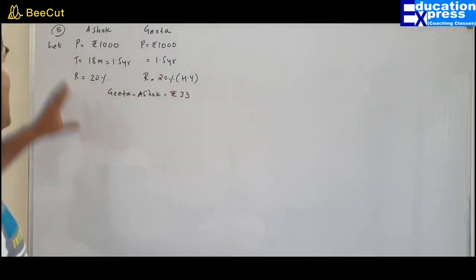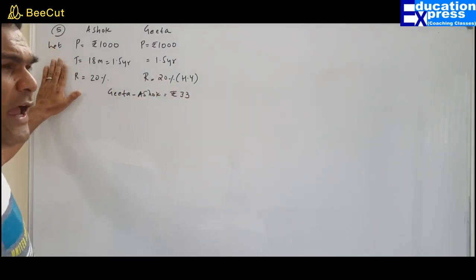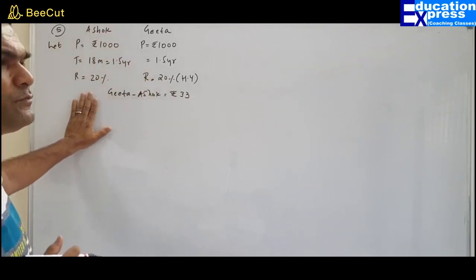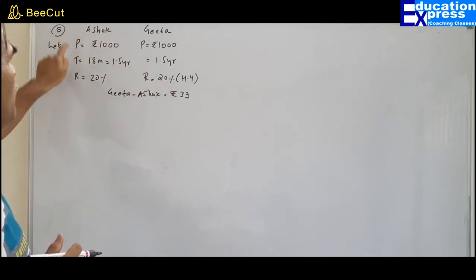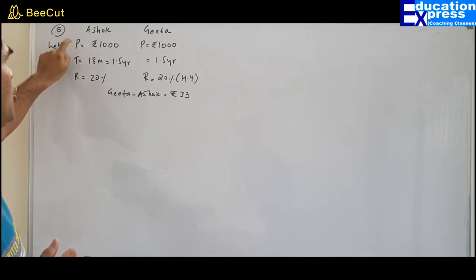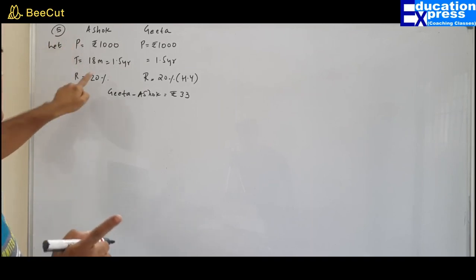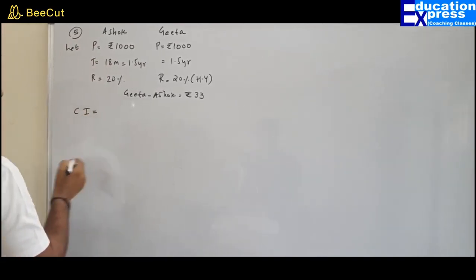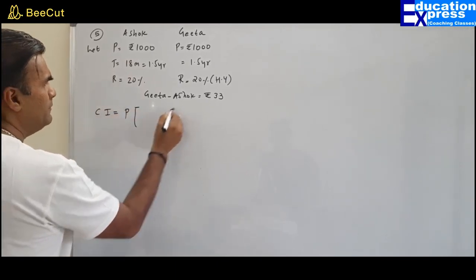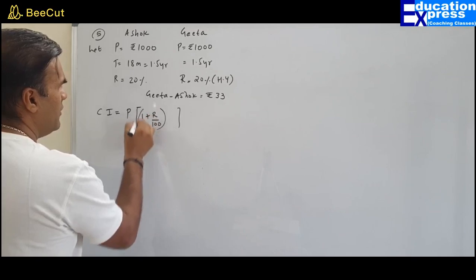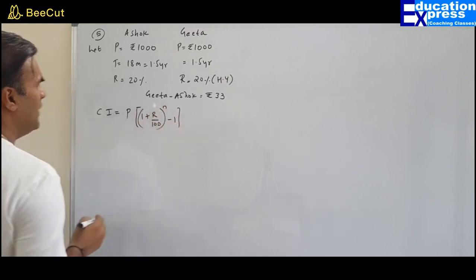So first I have taken down the entire data given to me in the question. Can we find out what interest Ashok will get at the end of 18 months? Yes, sir. Interest received by Ashok would be CI equals P[(1 + R/100)^N - 1].